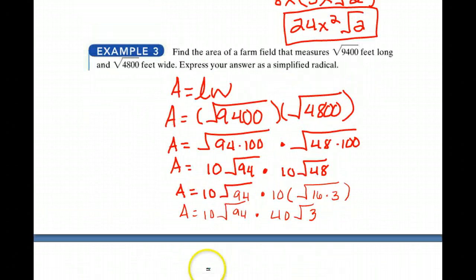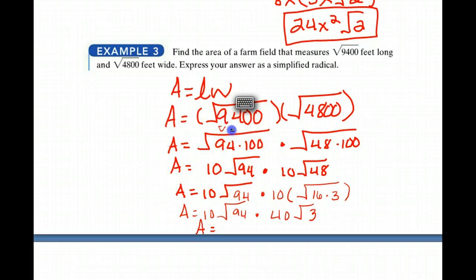You have now simplified those very large length times widths, and you can now multiply the coefficients and what's underneath the radical to make a smaller, simplified answer before you have done any of the work.